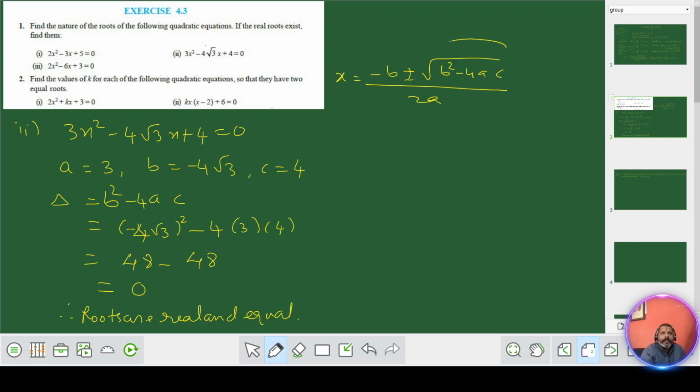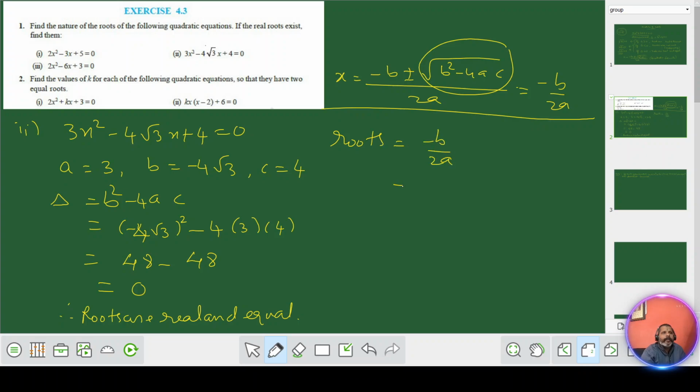Here, b square minus 4ac is 0, and the root of 0 is 0. So the roots will be minus b by 2a only, 2 times, because it's a quadratic equation, it should have 2 roots.